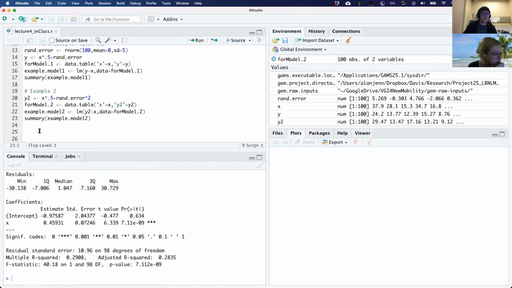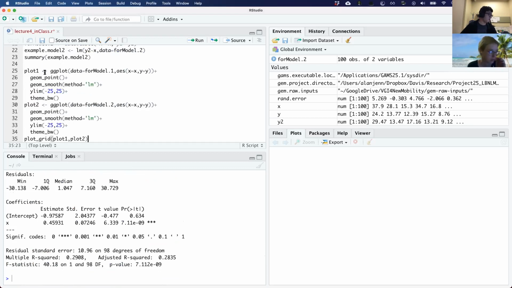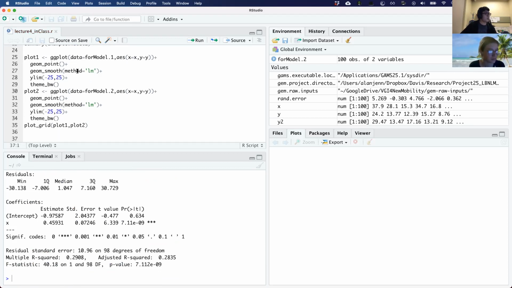So I can show in ggplot a comparison of these two plots. I am just going to copy and paste the code over because I'm not going to teach the ggplot syntax right now.